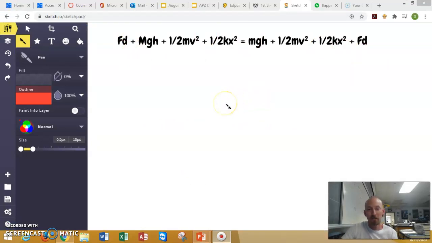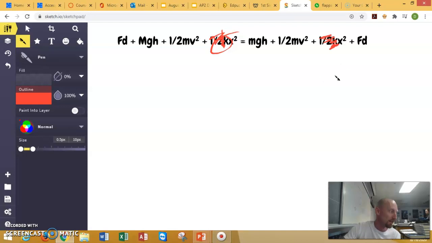Now, the first thing that we're going to take out of here, obviously, is this. We're taking this out, and we're going to take it out on both sides. And why are we doing that? Why are we getting rid of elastic potential? Because we're talking about fluids, and springs don't really come into play here. So that goes away. Isn't that nice?